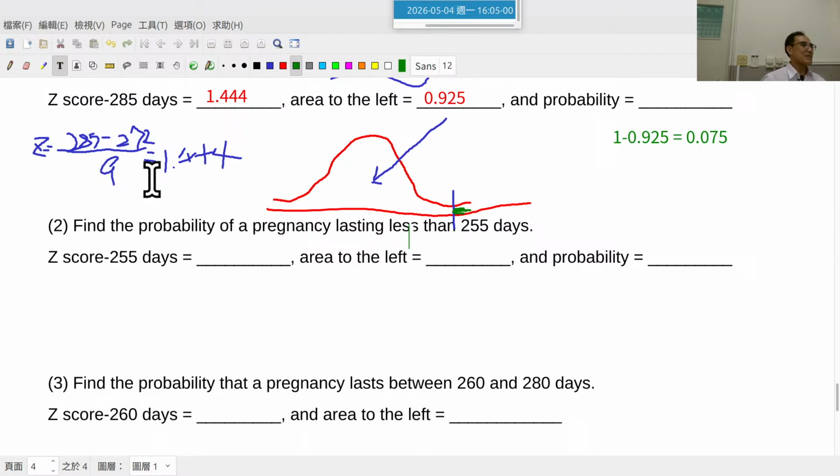The same way: the z-score equals 255 minus 272, the average pregnancy time, divided by the standard deviation, that is 9 days, and the answer is, I don't know. Okay, let me calculate.